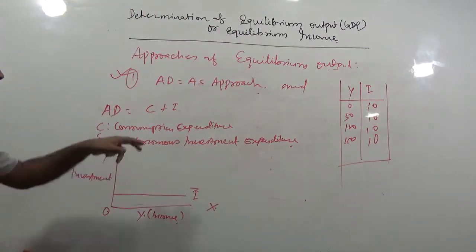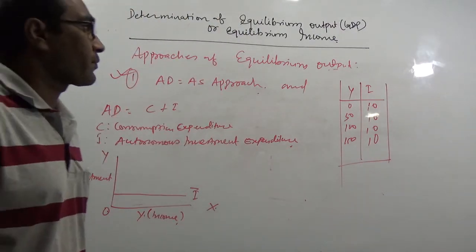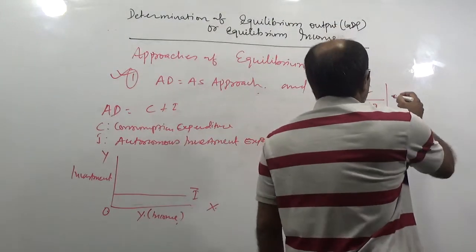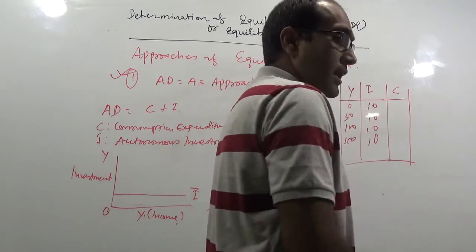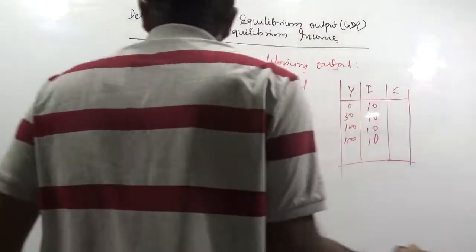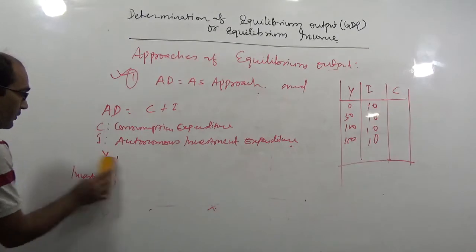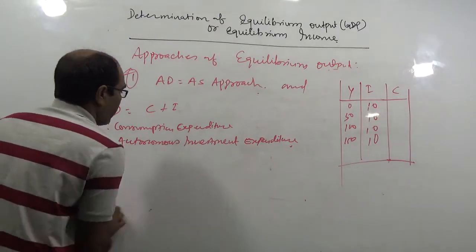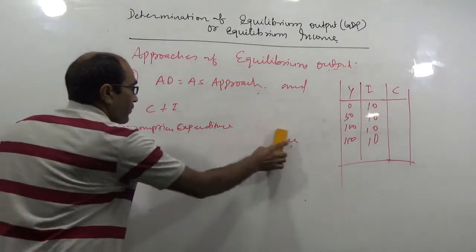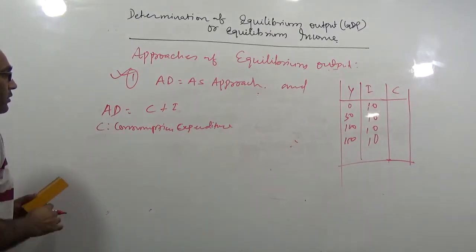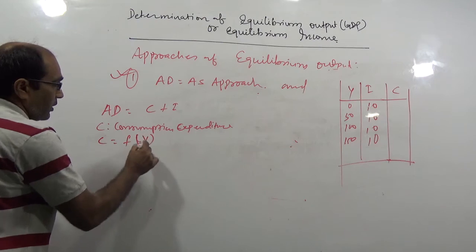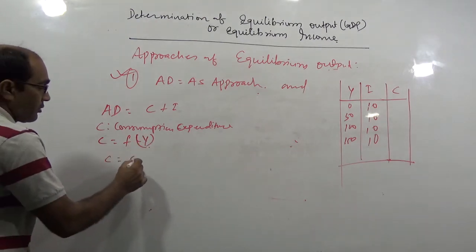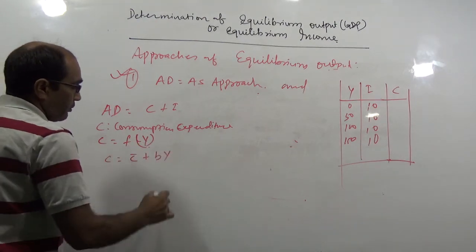See the next component, C. Put the value of C. As we know that C is also a function of Y, and C equals bar on C plus bY.